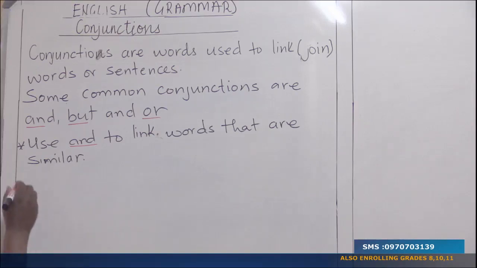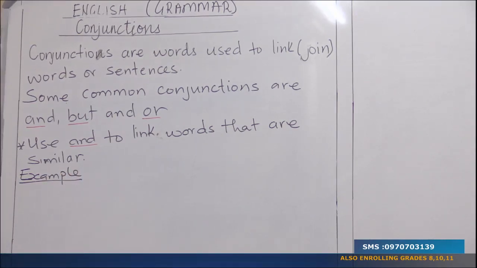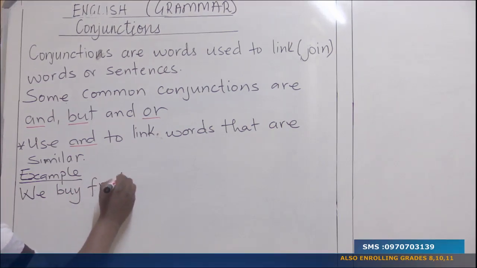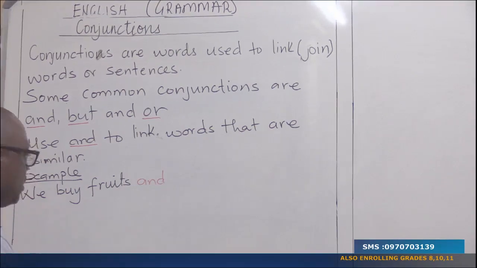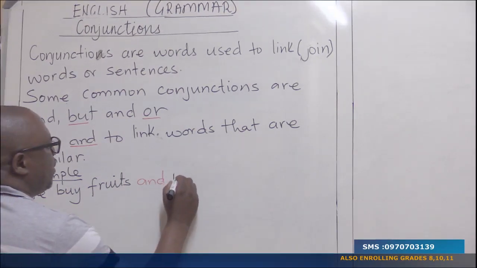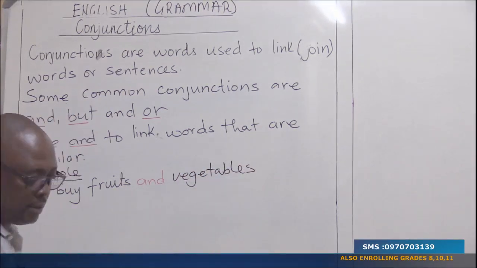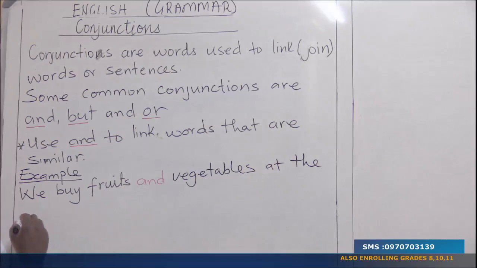So the first example is: we buy fruits and vegetables at the market.